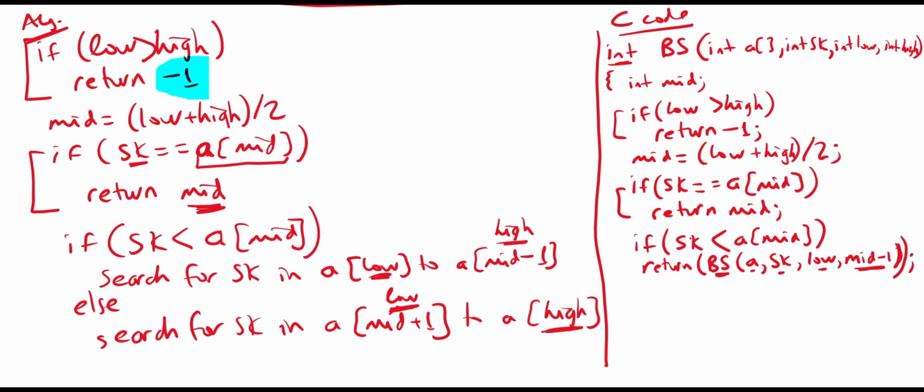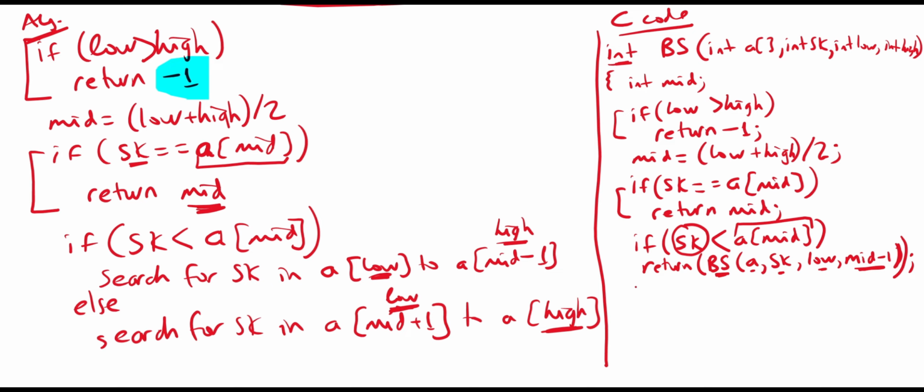If my search key is less than the value pointed by mid, we need to move high to the left side of mid. So high is equal to mid -1, and we need to search the left part of mid with the current low and new high. That's what I'm doing here.